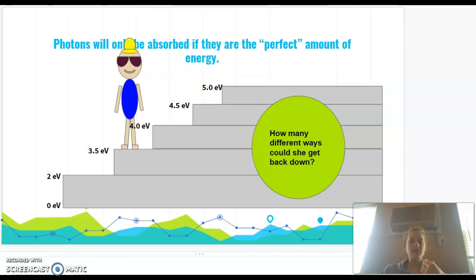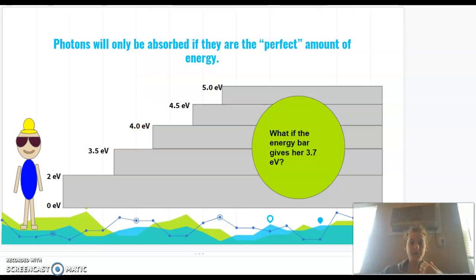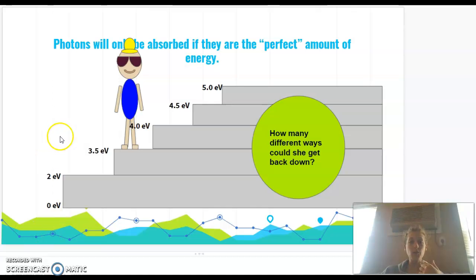And now how many different ways can I get back down? I can move from the 3.5 electron volt to the 2 electron volt step, then to the 0 electron volt, or I can move from 3.5 all the way down to 0. So that's 3 separate ways that I could get down.